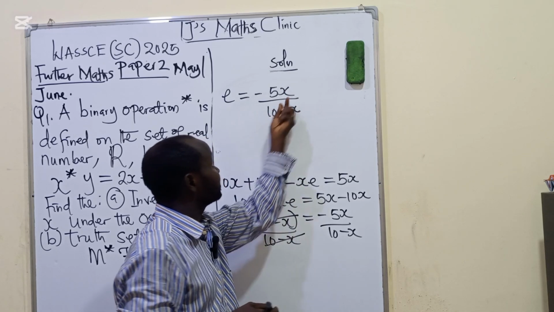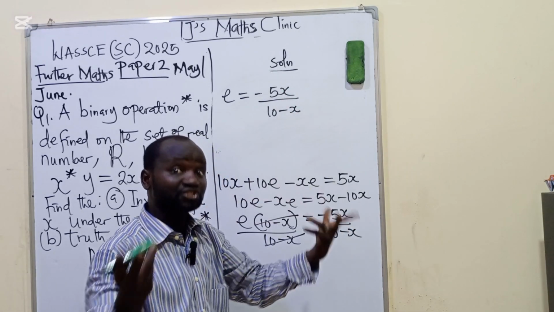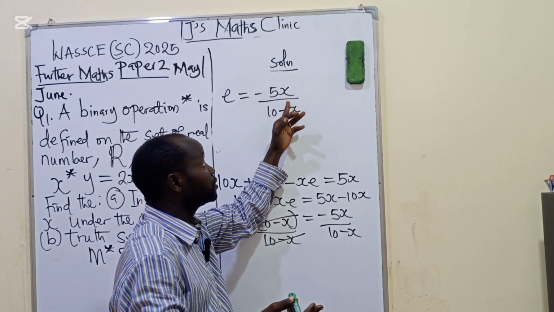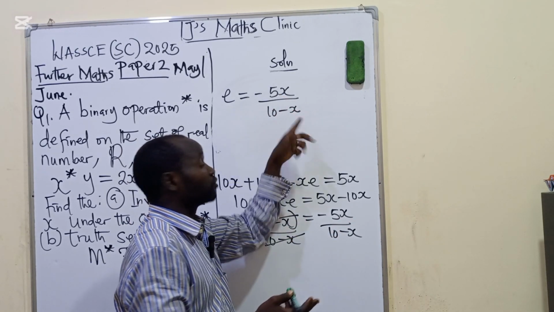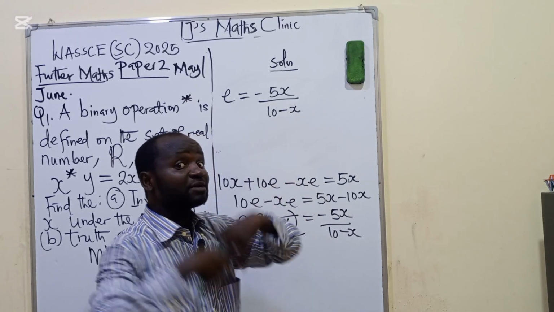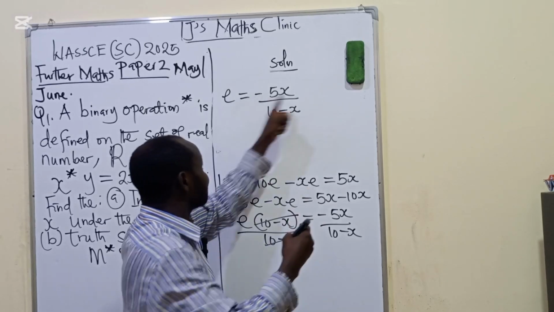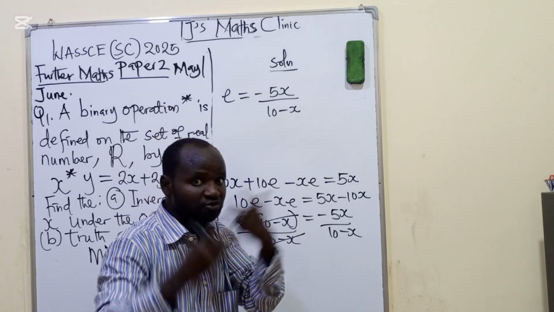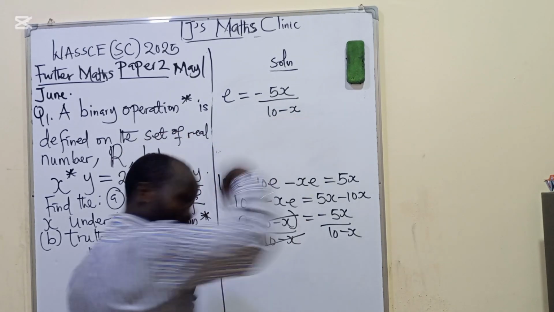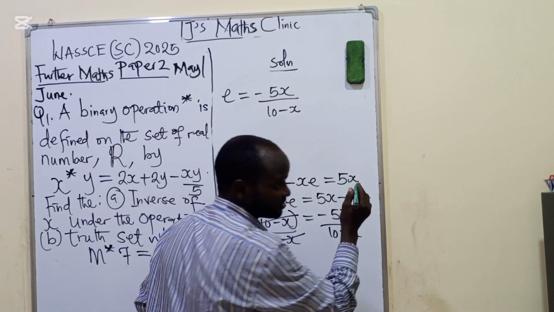It means this identity element depends on the value of x, and this value of x can change. If we pick -2, the identity element will not be the same as if we pick 2. If we pick 3, the value of this identity element may not be the same. If we pick -5 in that order, so we keep changing the value of x, the identity element will keep changing. So we can conclude at this point that the identity element does not exist.